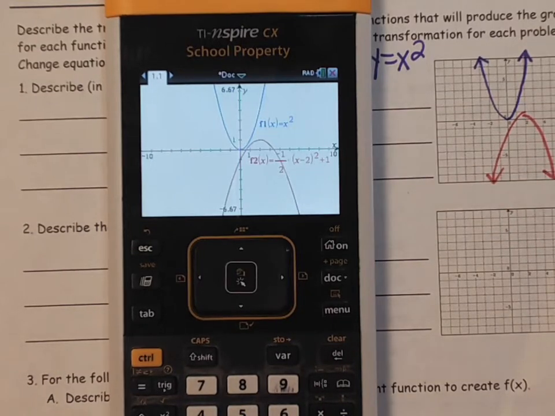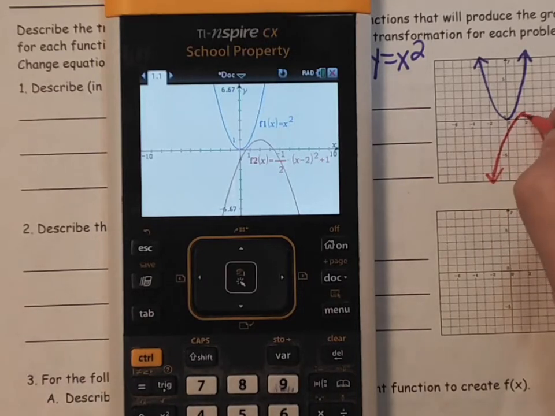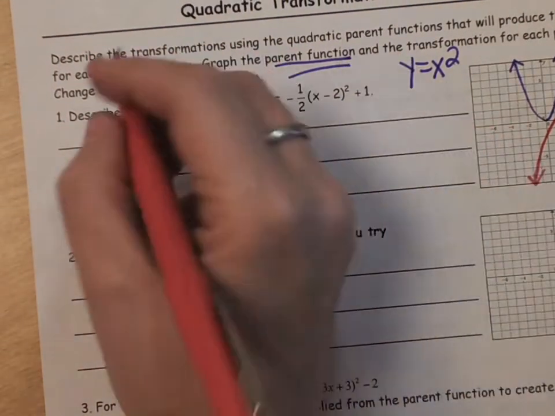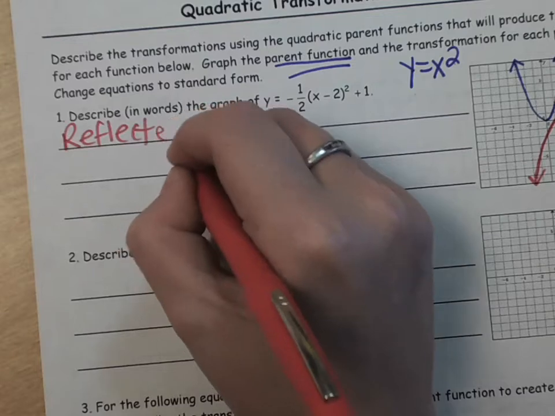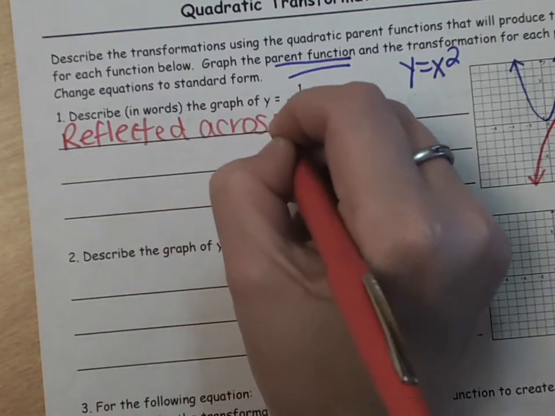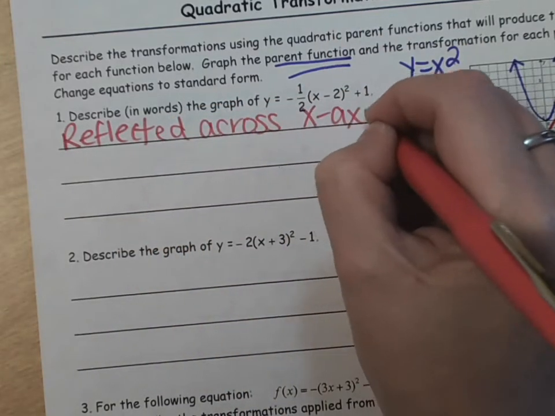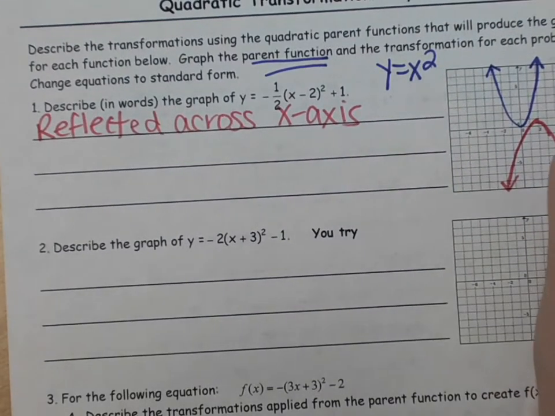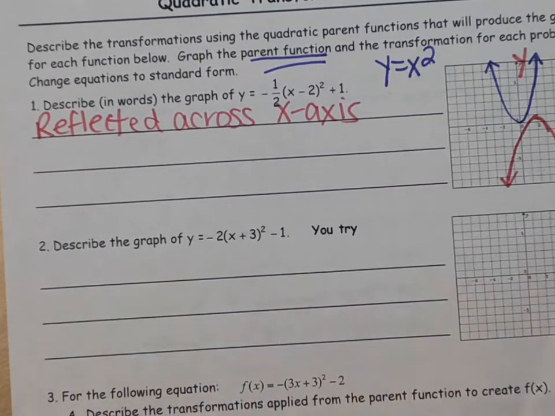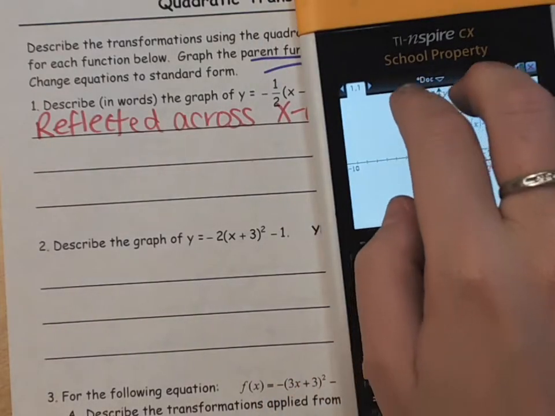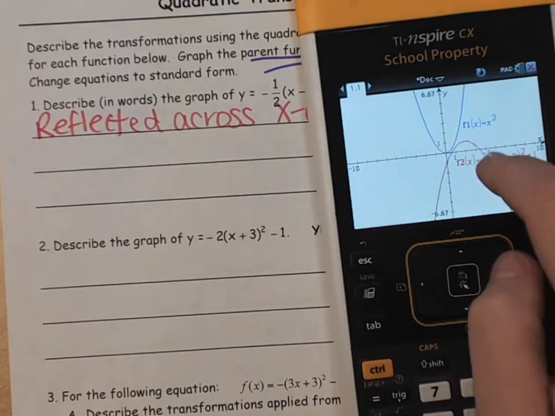So what happened to that graph? How did it change? Well, it flipped. And when it flips, we call that a reflection. So it reflected across the x, because remember, this is my x and this is my y. So that's the first thing it did. Now also look at it. This one is thinner than this one.